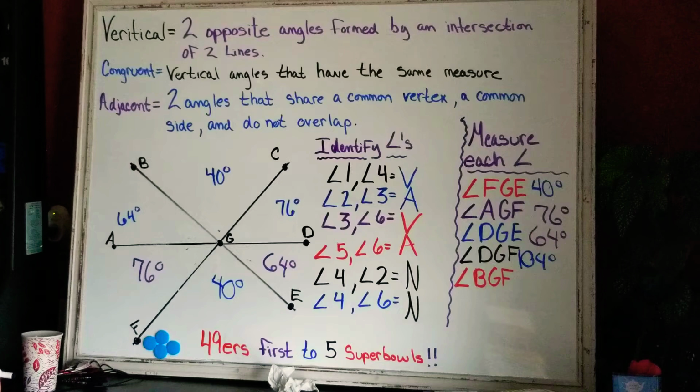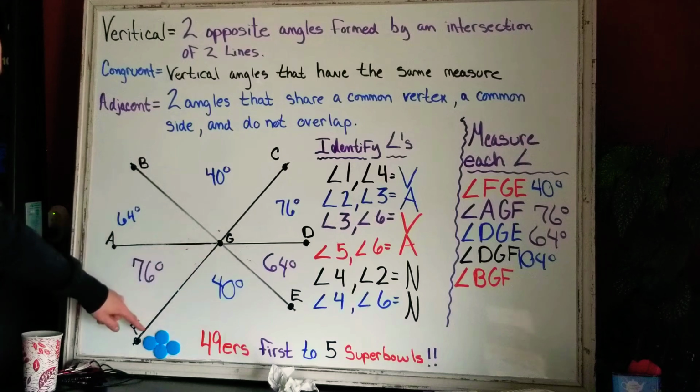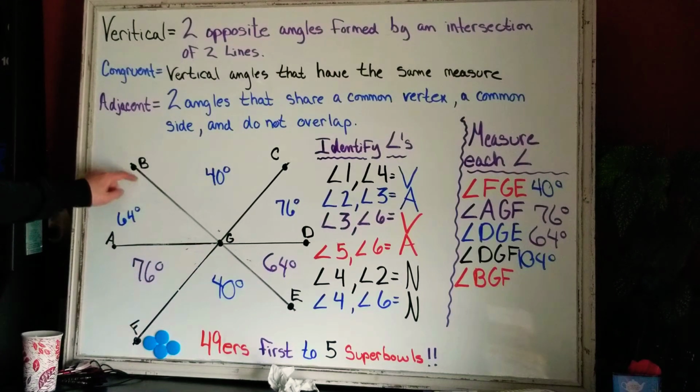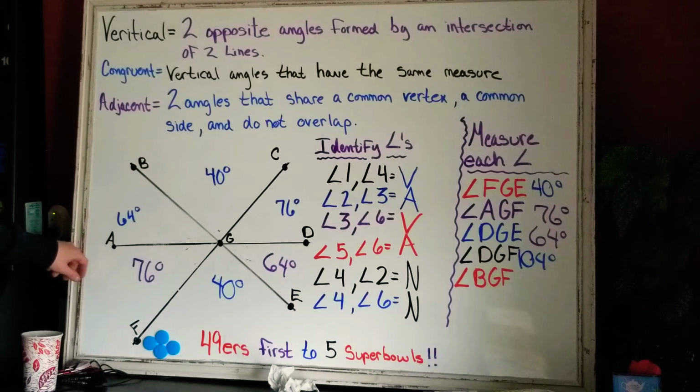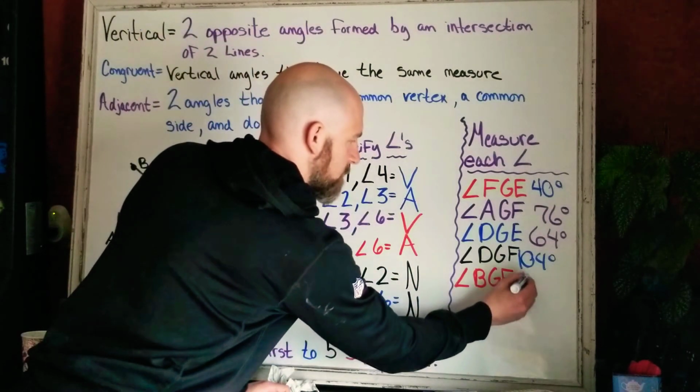And what about B to G to F? So we have B to G to F. So we have 64 plus 76. What does that give you? That will give you 140 degrees.